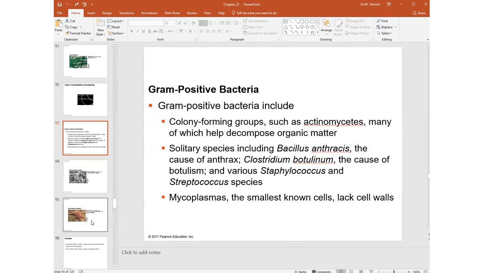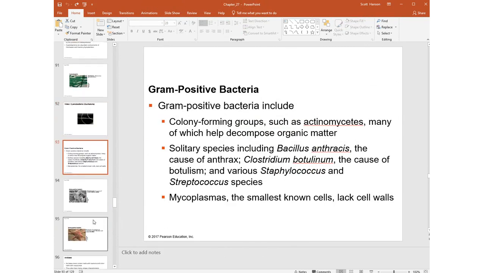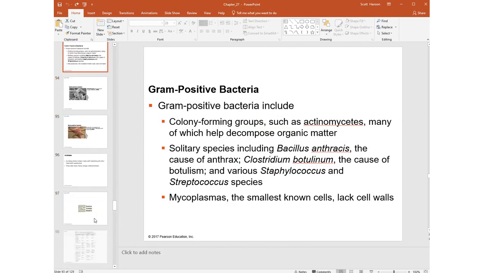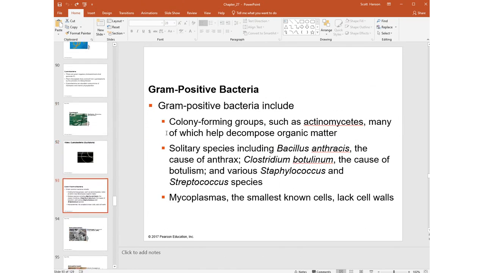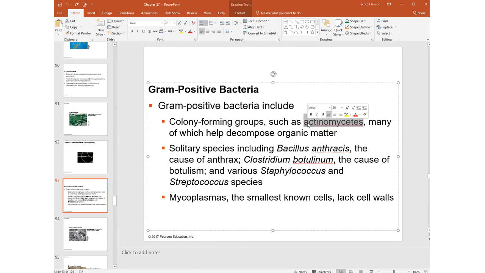And so there are a number of gram-positive bacteria as well. Let's look quickly at the gram-positive bacteria. This group includes colony-forming groups, like actinomycetes, many of which help decompose organic matter.